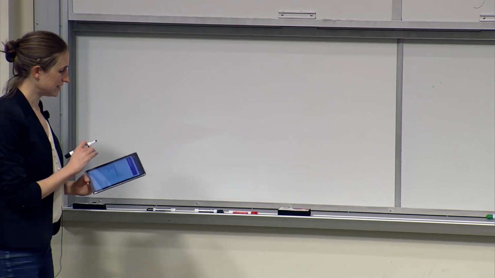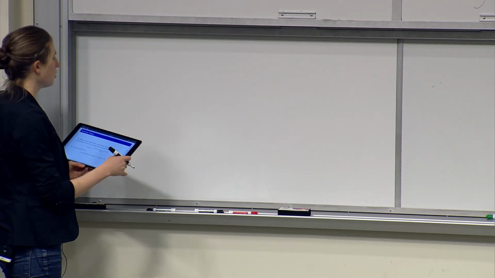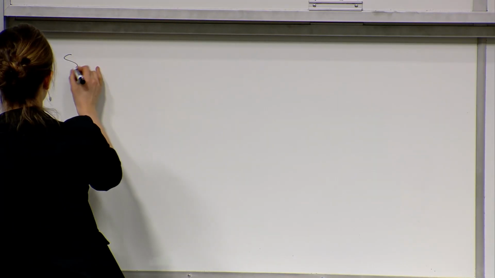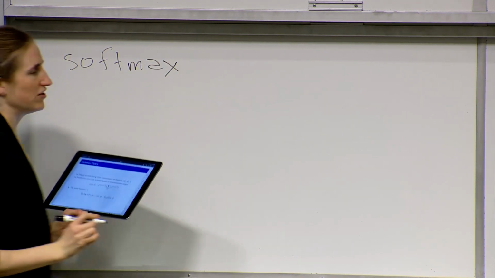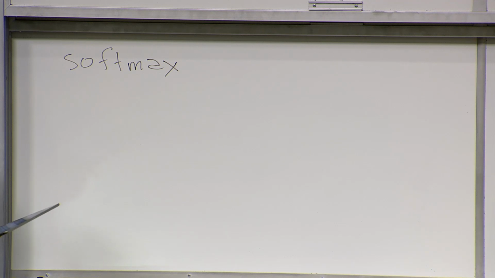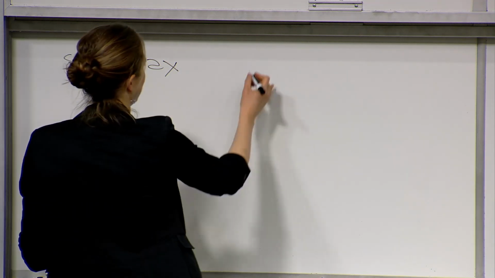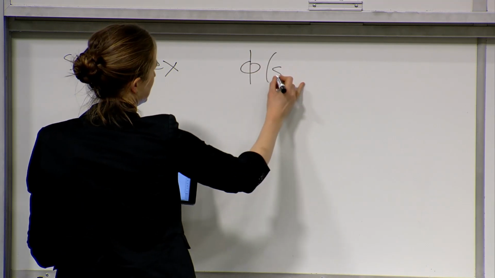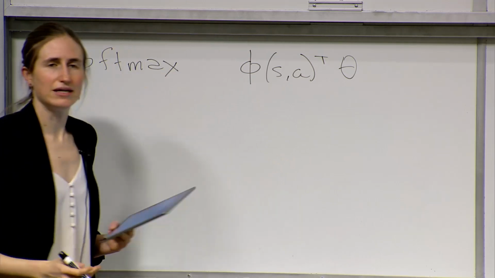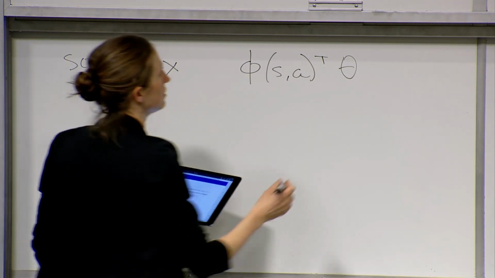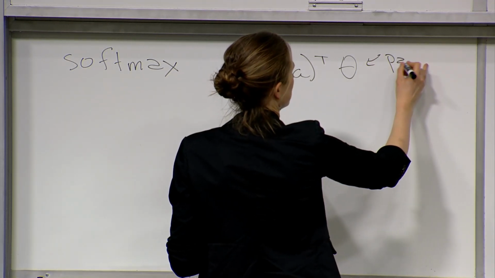So let's just look at an example. Softmax is where we simply have a linear combination of features, and we take an exponential weight of them. So we're going to have some features of our state and action space, and we're going to multiply them by some weights, our parameters.